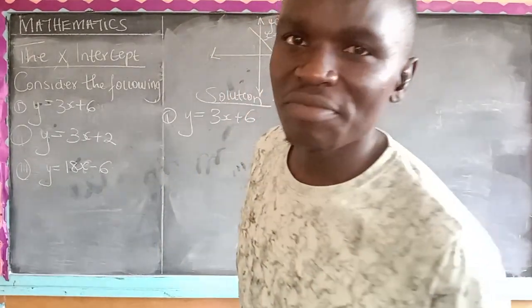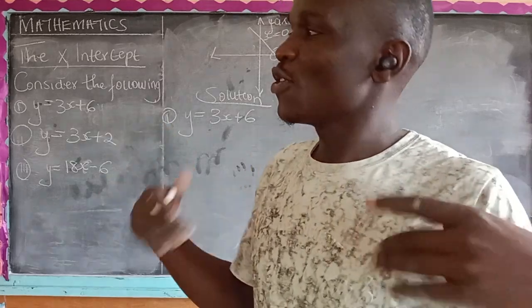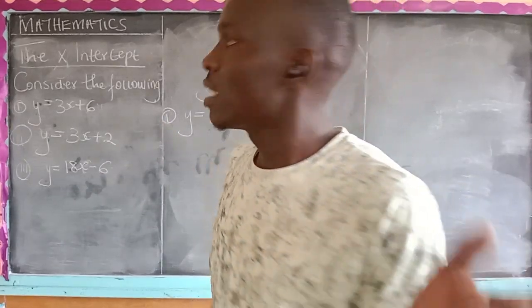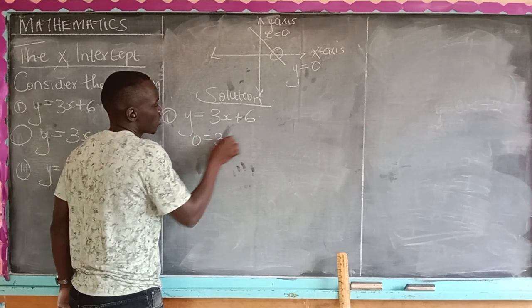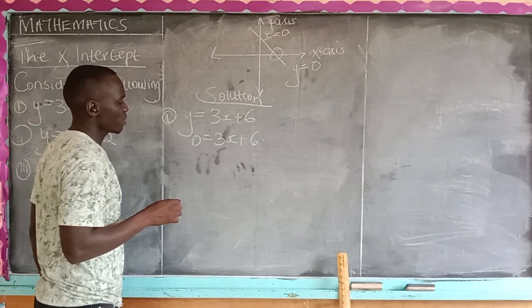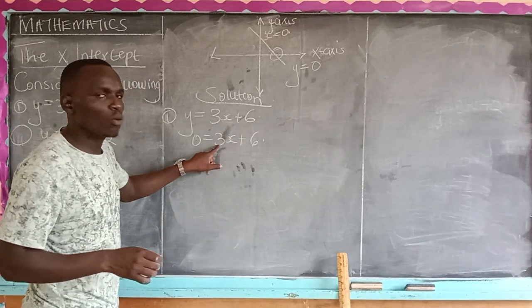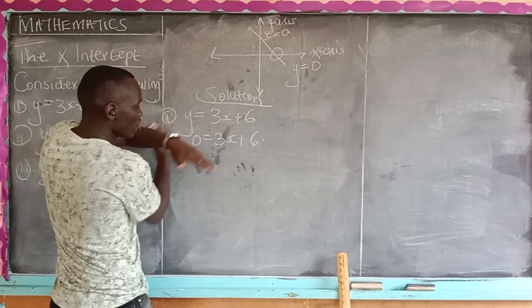But when you become a guru, whatever form it is brought in, you are able to handle it. Now, let y be 0. So we have 0 equals 3x plus 6. Put the like terms together: x remains this side, and 6 goes to the other side.